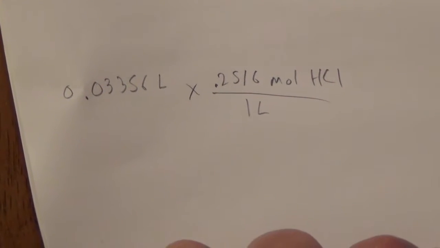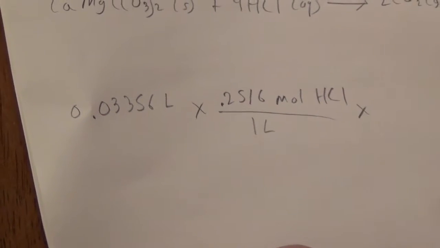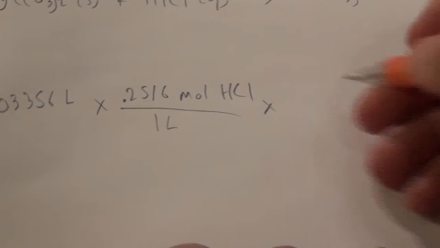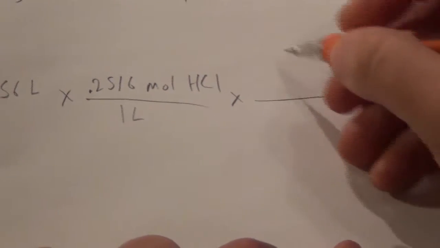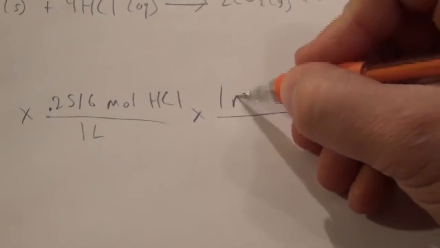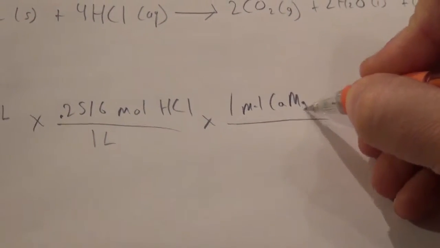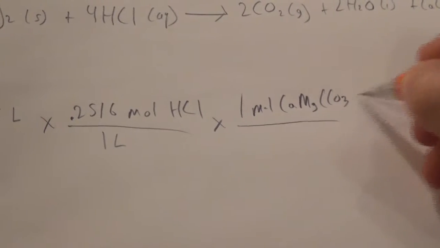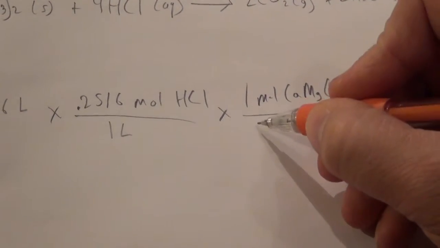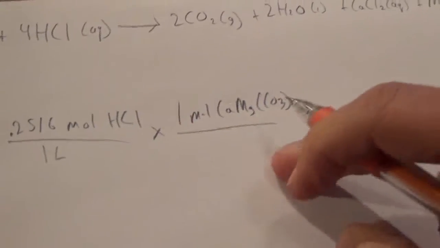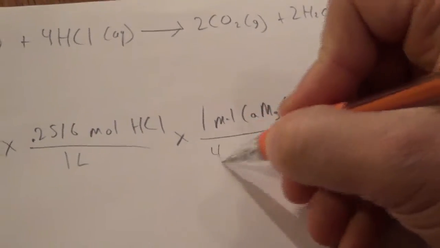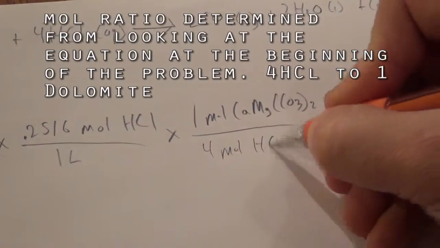Since we have HCl, we go by the ratio of HCl and dolomite in the equation. You'll see there's 1 mole of dolomite, CaMg(CO3)2, for every 4 moles of HCl, so 4 moles HCl.